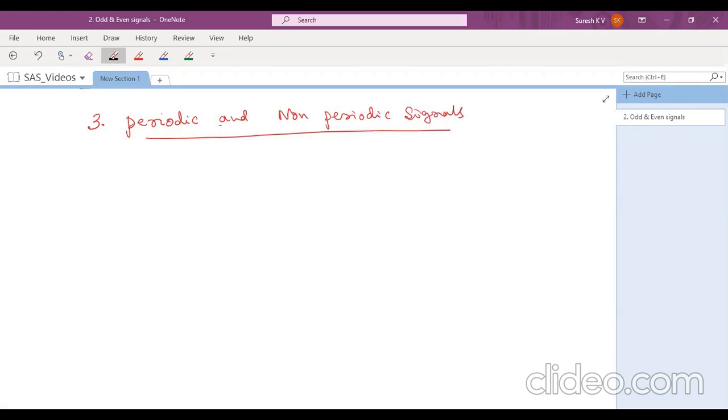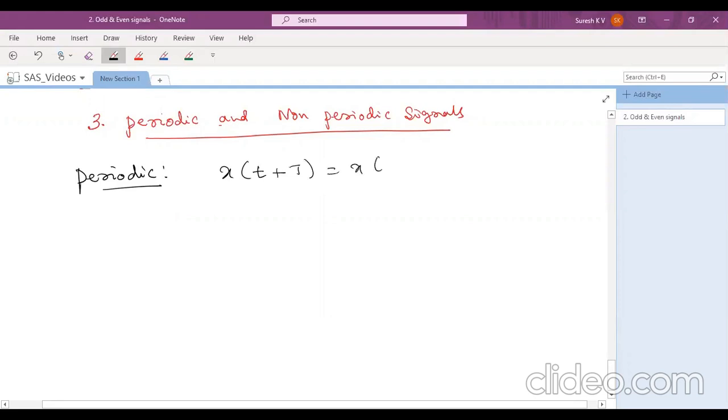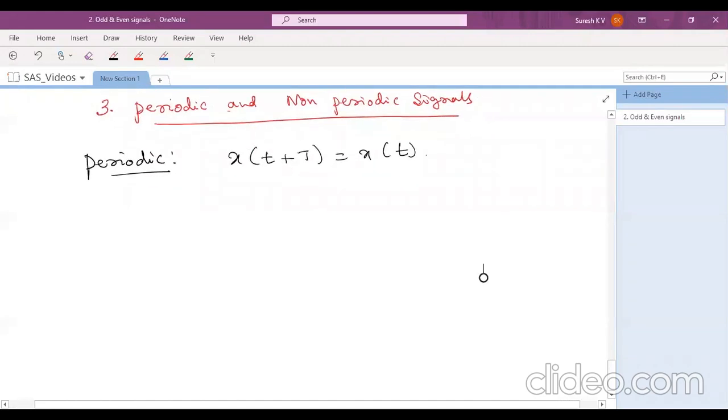So a signal is said to be periodic if it satisfies the condition x of t plus capital T is equal to x of t for all t. Here T is a positive constant.